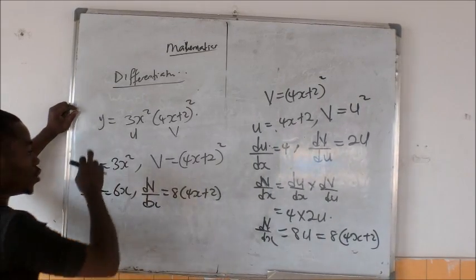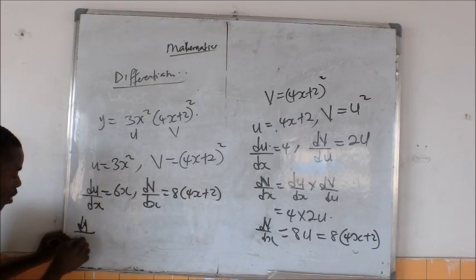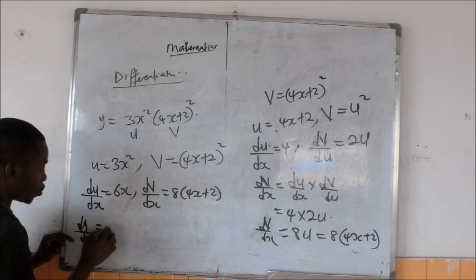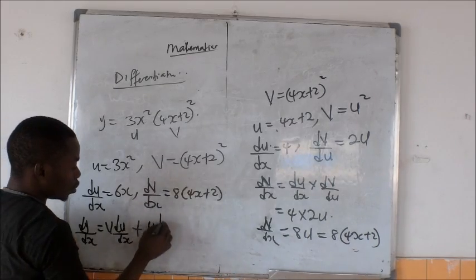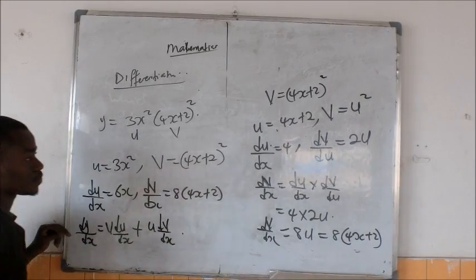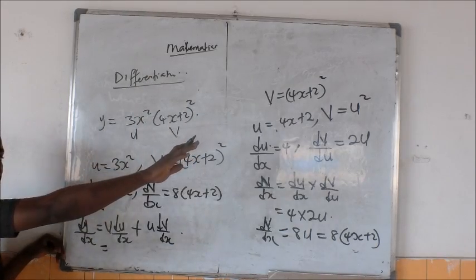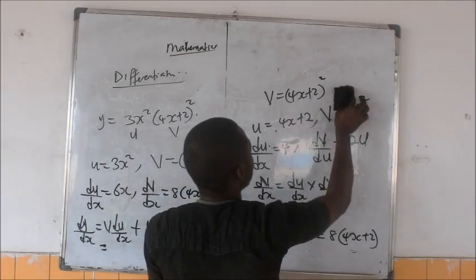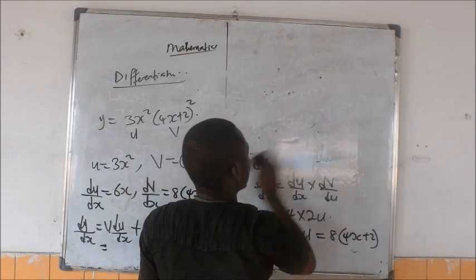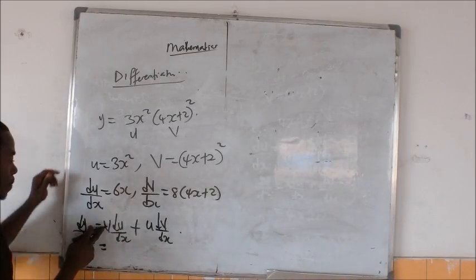So after that, you now use the product formula. What will you have? dy over dx is equal to v du dx plus u dv dx. Okay? So what's your v?